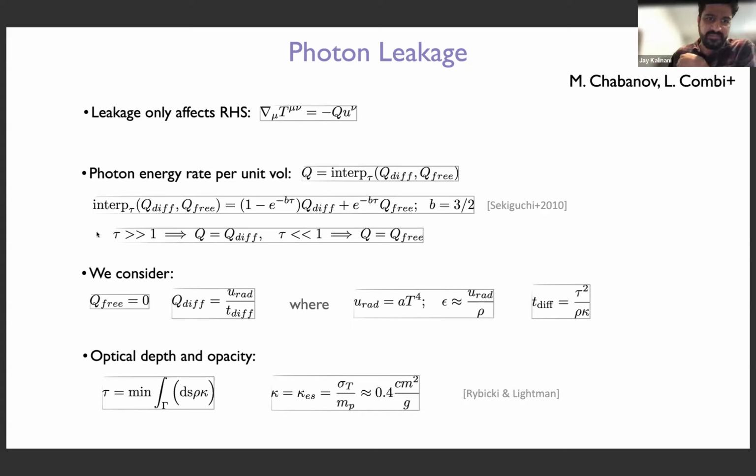When your optical depth, which is given by tau, is much greater than 1, that means you're in the diffusion regime. And once this optical depth is less than 1, you're essentially in your free streaming regime. Now, for simplicity, in the beginning, we consider only the diffusive regime and consider Q_free to be 0.